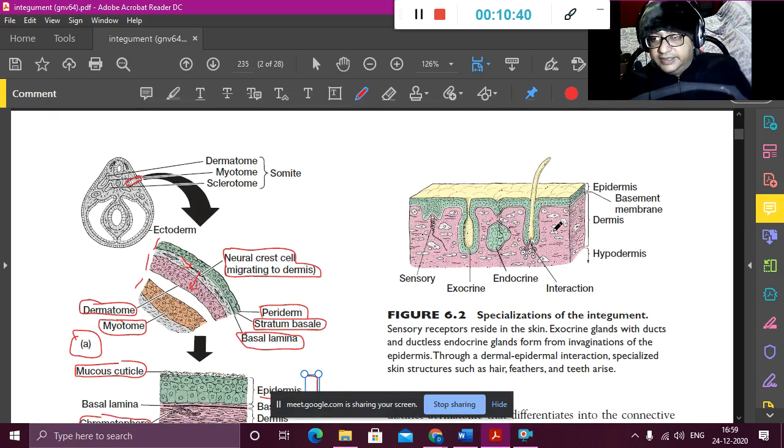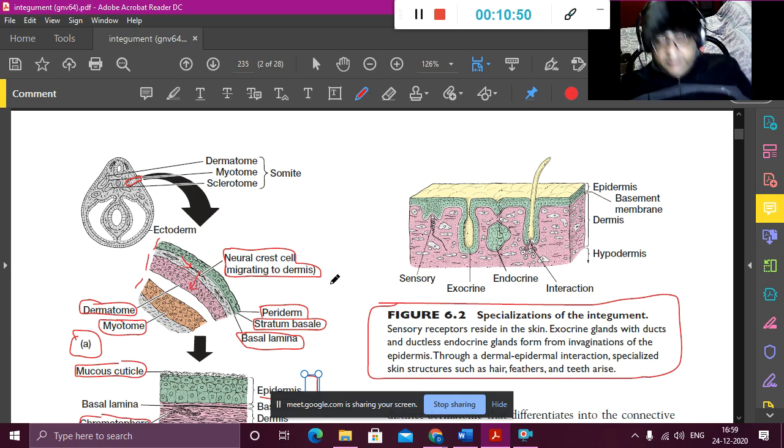Then let us see some of the specializations of the integument. Since it has been called a composite organ, sensory receptors reside in the skin.